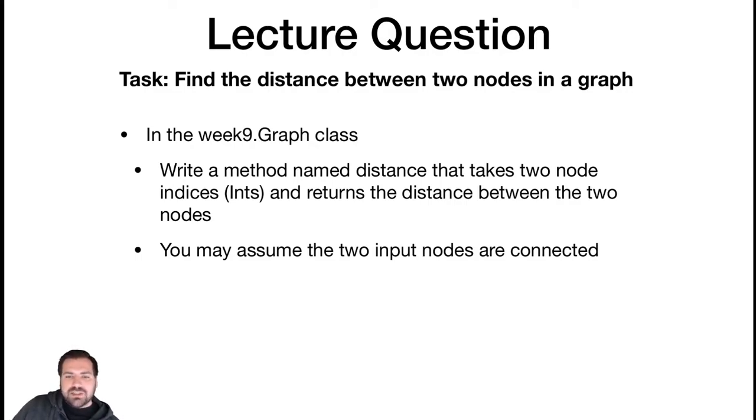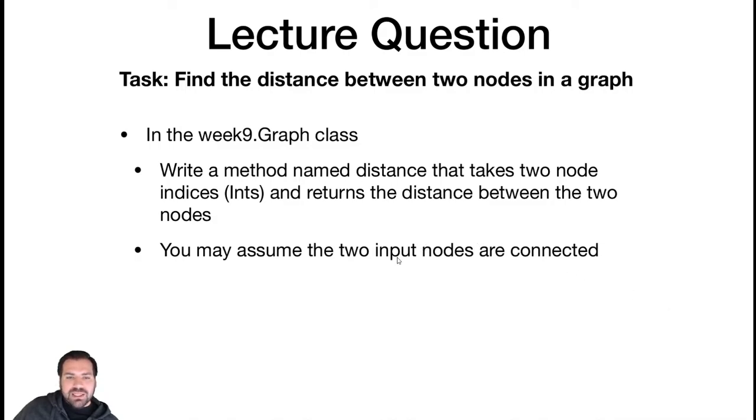Today's lecture question is finding the distance between 2 nodes. Distance we haven't defined yet, but we will shortly. The distance is the length of the shortest path, or at least one of the shortest paths between those 2 nodes. So how long does it take to get from one node to the next in the shortest possible amount of time?